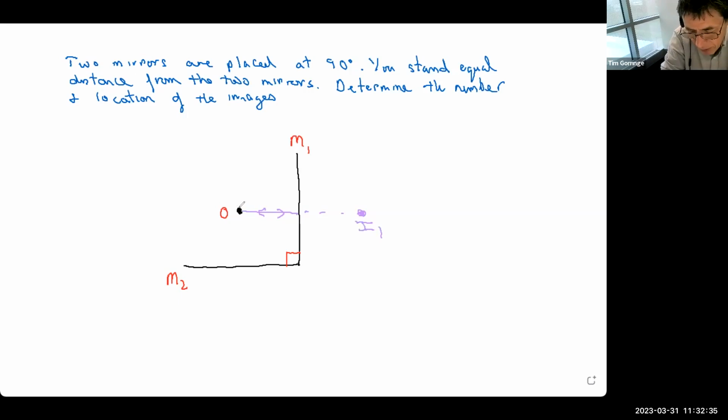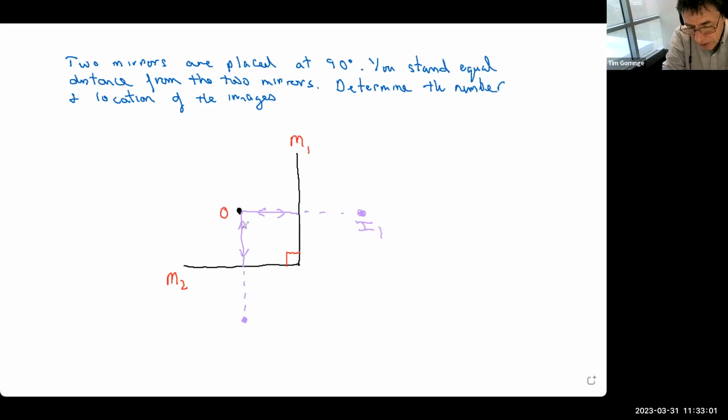The second obvious image is one where the light travels vertically downwards towards the bottom mirror, reflects off the bottom mirror, and heads back up to the observer, and we'll see another virtual image that is behind the lower mirror.